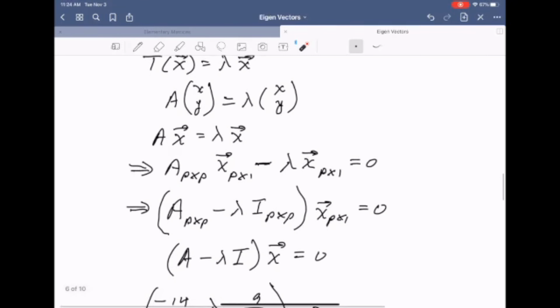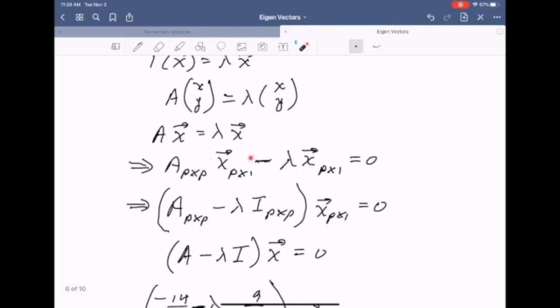Now when we take this x out, we end up with A minus lambda times the identity matrix, which is the same as multiplying each element of this vector x by lambda, and that's equal to 0.